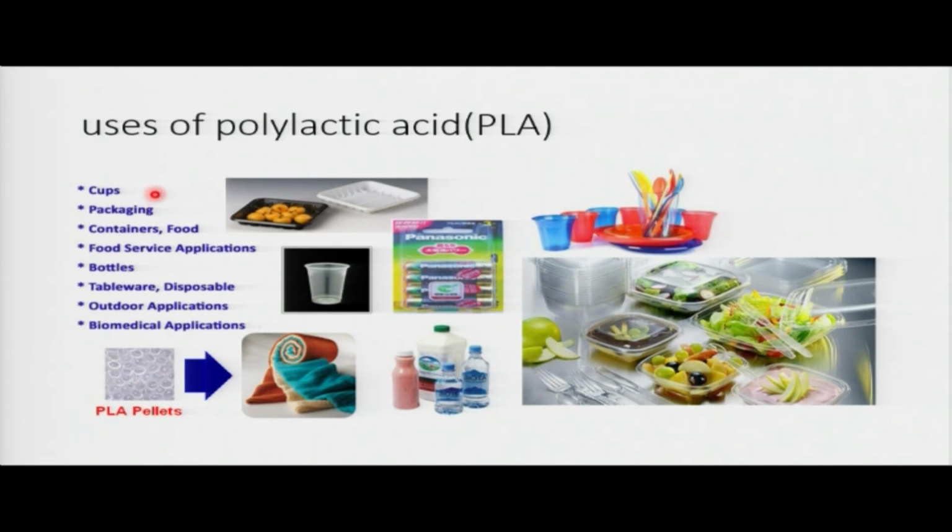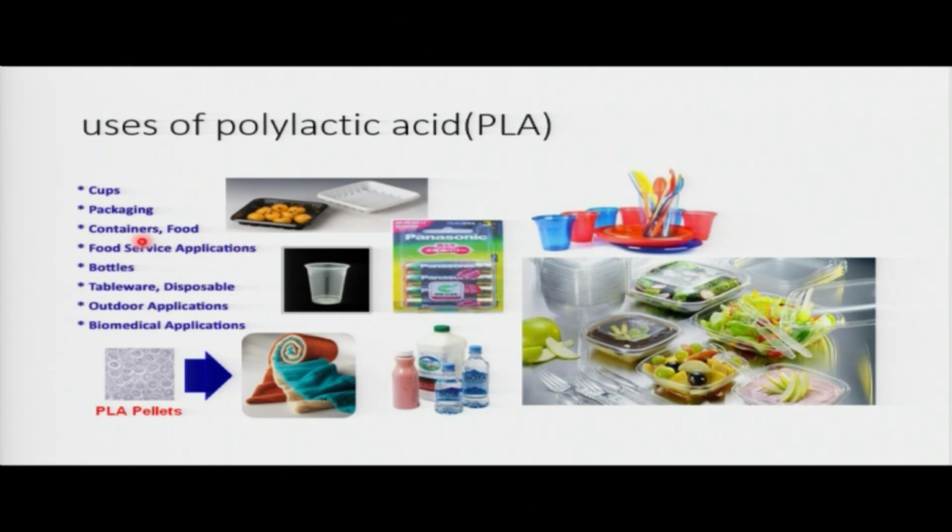So it can be used in the making of some of these things here: disposable cups which are biodegradable, packaging materials which are used to pack apples. You can even see in our pictures here, to pack different fruits. You see these different cups where we put our juices. These are all disposable plastics. And the beauty about it is that they are biodegradable.